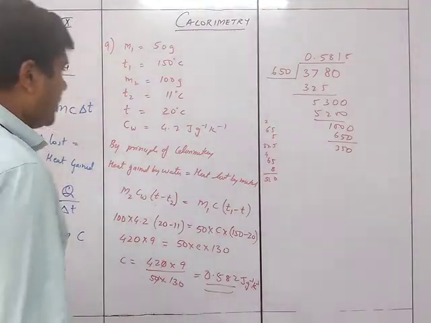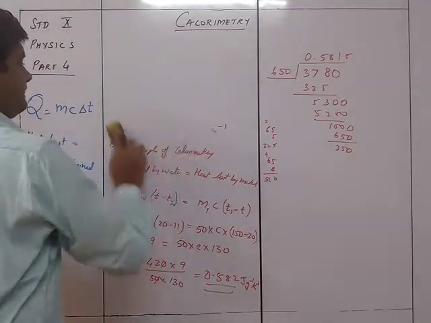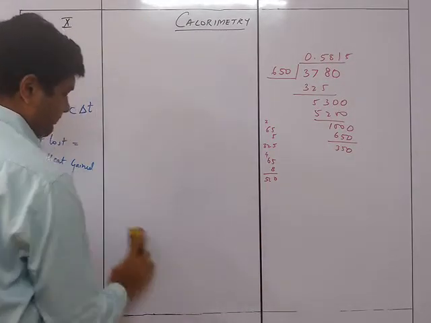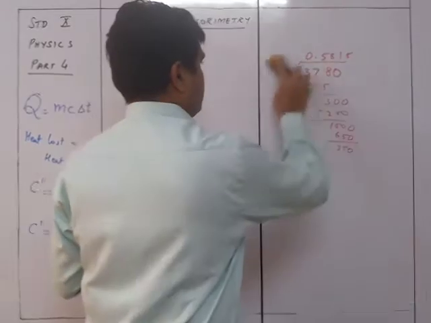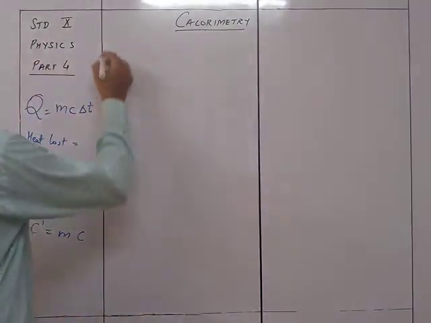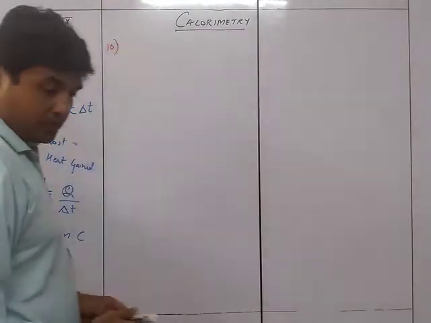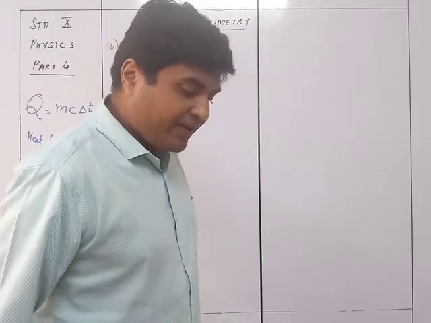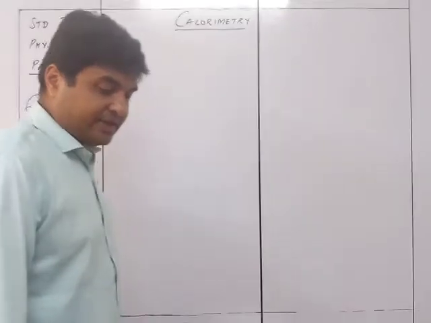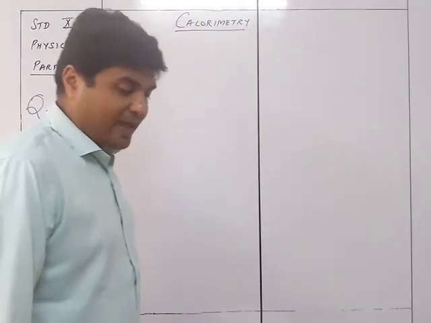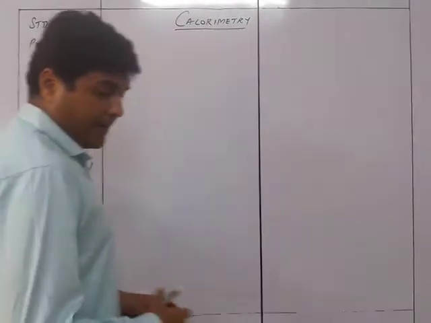We now want to move on to sum number 10. 45 grams of water at 50 degrees Celsius in a beaker is cooled when 50 grams of copper at 18 degrees Celsius is added to it. So we have the strings over here.